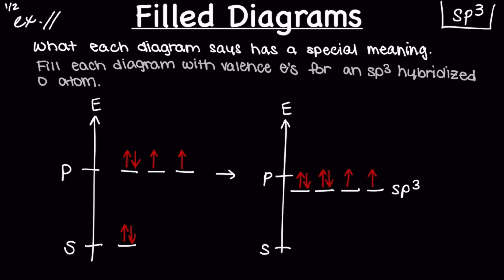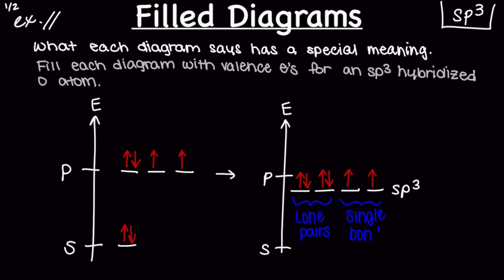Okay, I want you to notice these two things. First of all, two of these sp3 orbitals are completely filled, and the other two sp3 orbitals are half filled. What do you think those mean? Well, completely filled hybrid orbitals signify lone pairs, while half-filled hybrid orbitals signify single bonds.